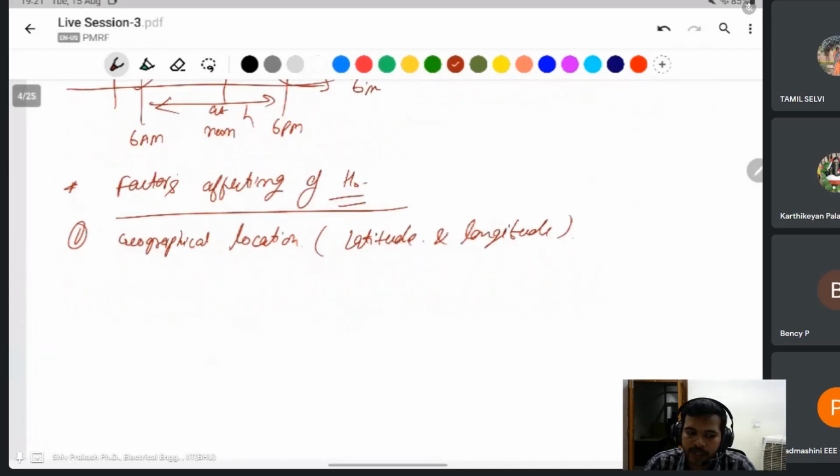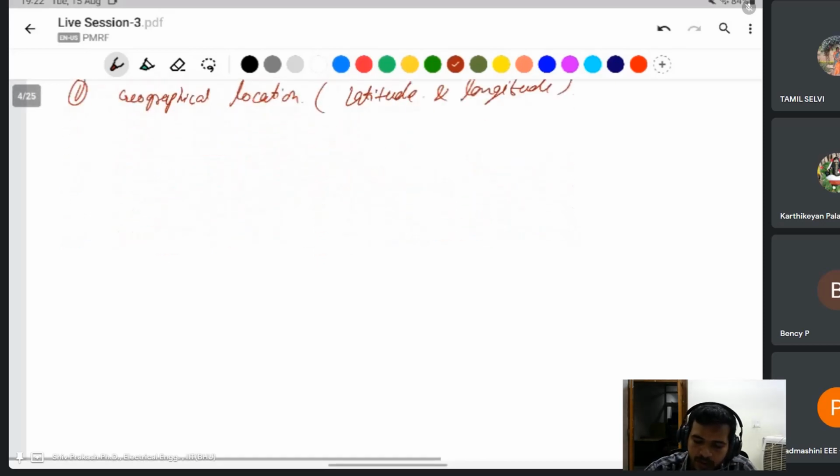Orientation of the panel, like flat or curved. Time of day, hour, morning, noon and evening. And time of year also affects it, like winter, summer, rainy season or cloudy season, depending on the atmospheric condition, like clouds. The earth, the solar cell, it will look like this, with the sun.